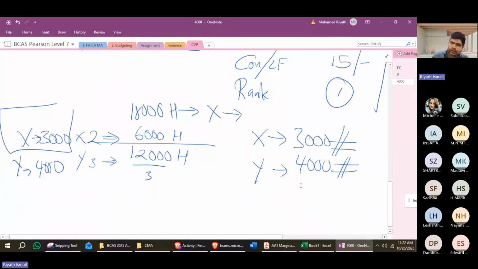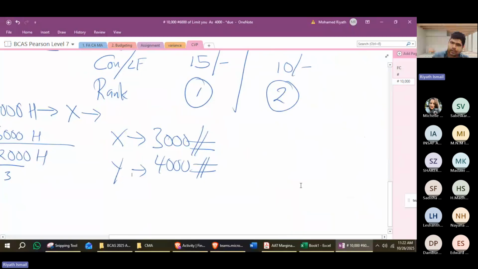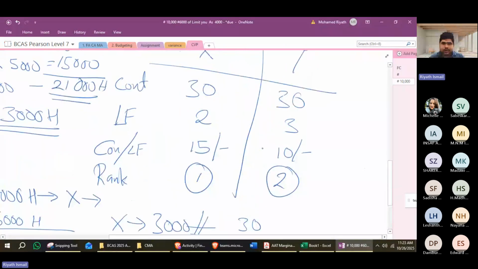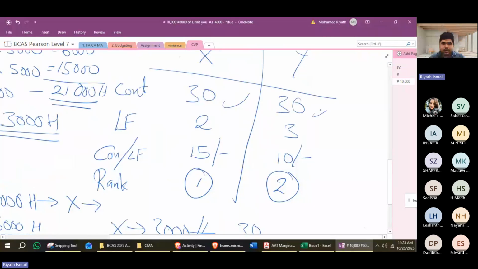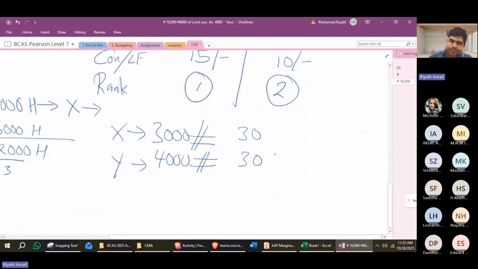When you do so, the contribution will be, each unit produces 30 rupees for X and 30 rupees for Y. It's a contribution we already calculated. Then how much profit will it be?